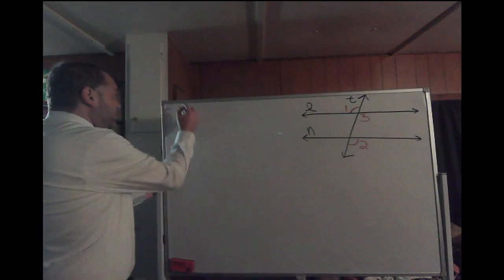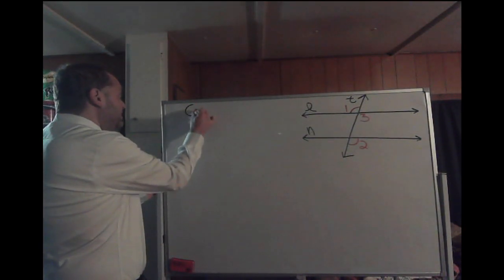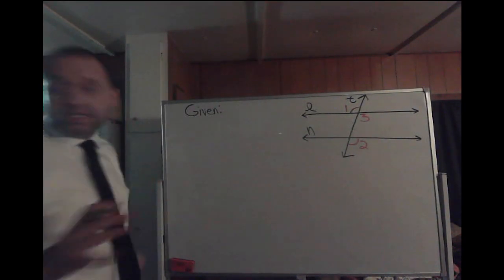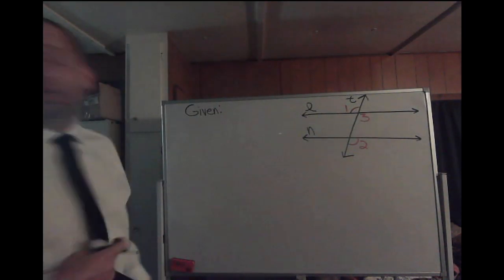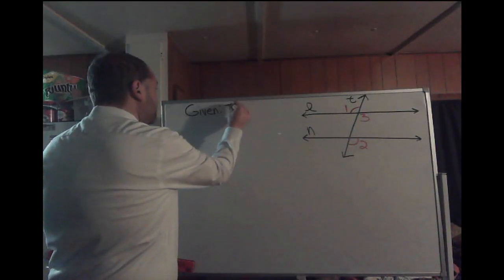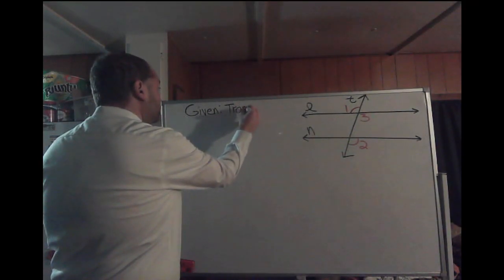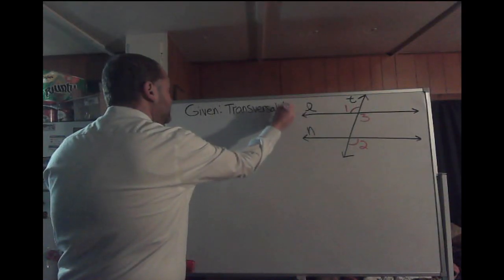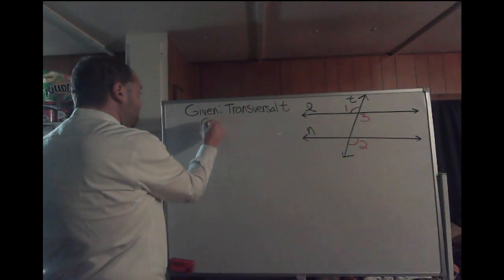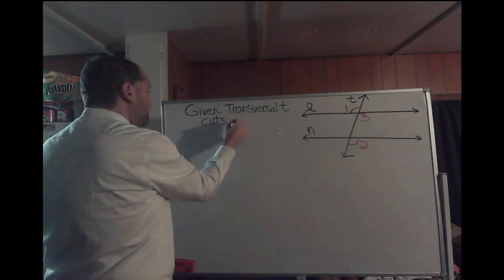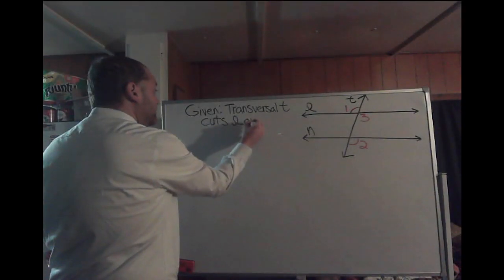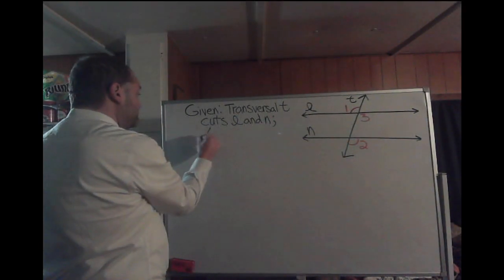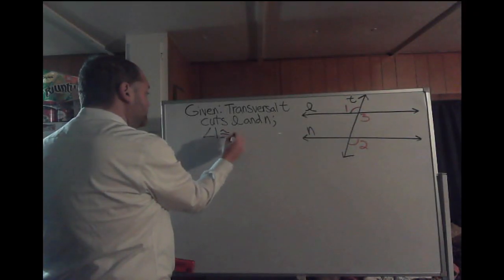This is a proof here. So what they give us in this particular one is that transversal T cuts L and N. They also give us that angle 1 is congruent to angle 2.